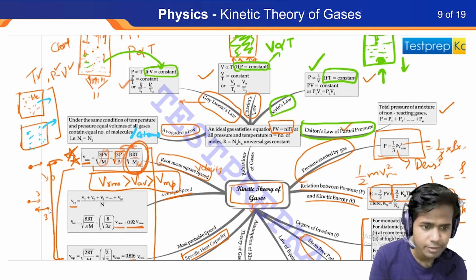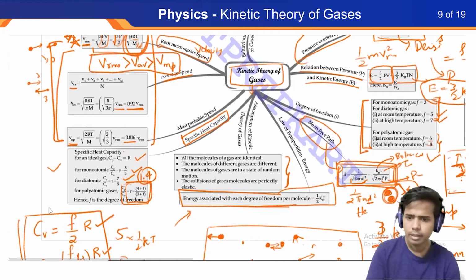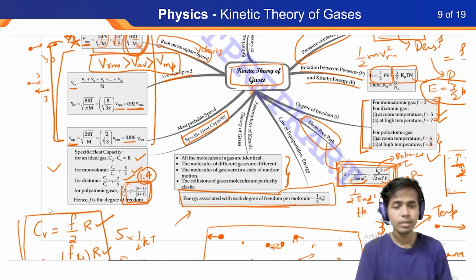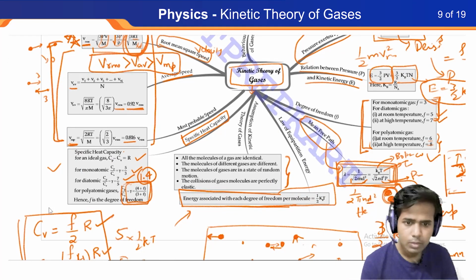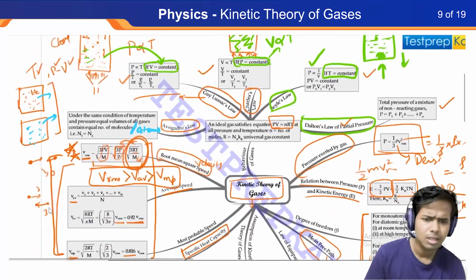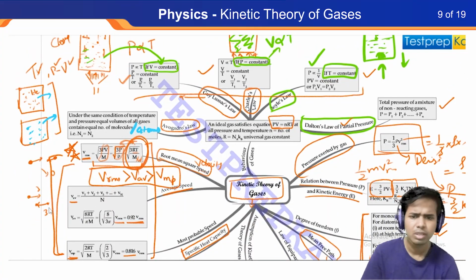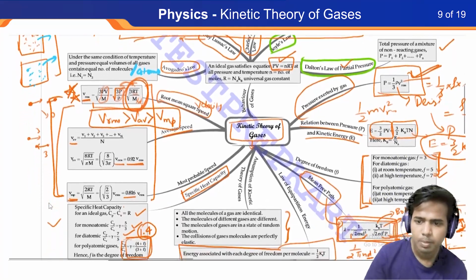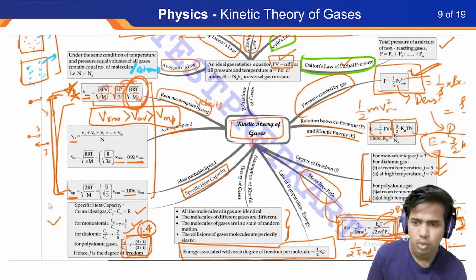So I think that is it for this mind map. This was relatively small. These are results that you need not be very particular about, you already know about them. This you must remember. The most important part is this one.